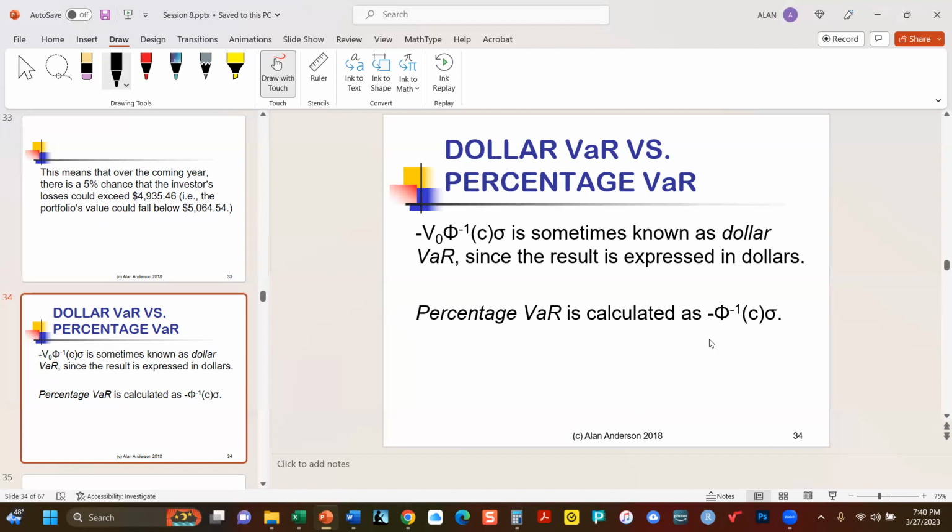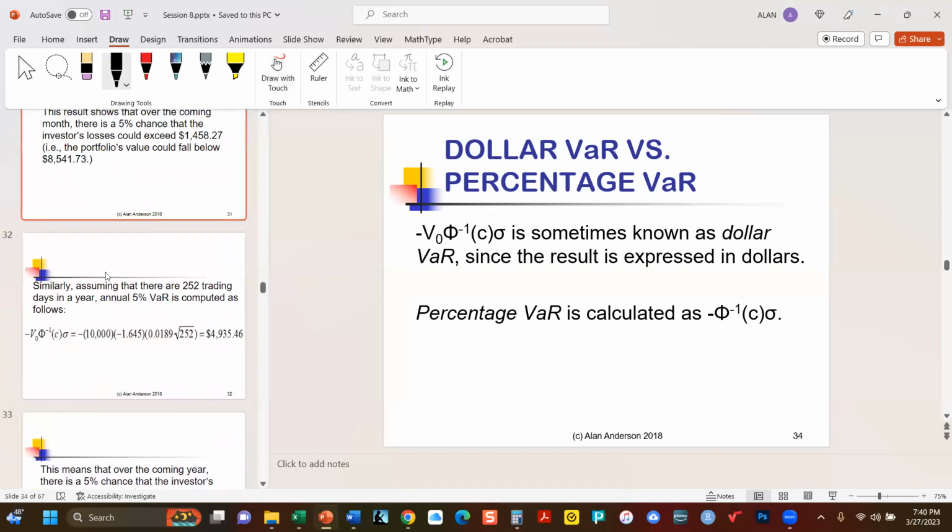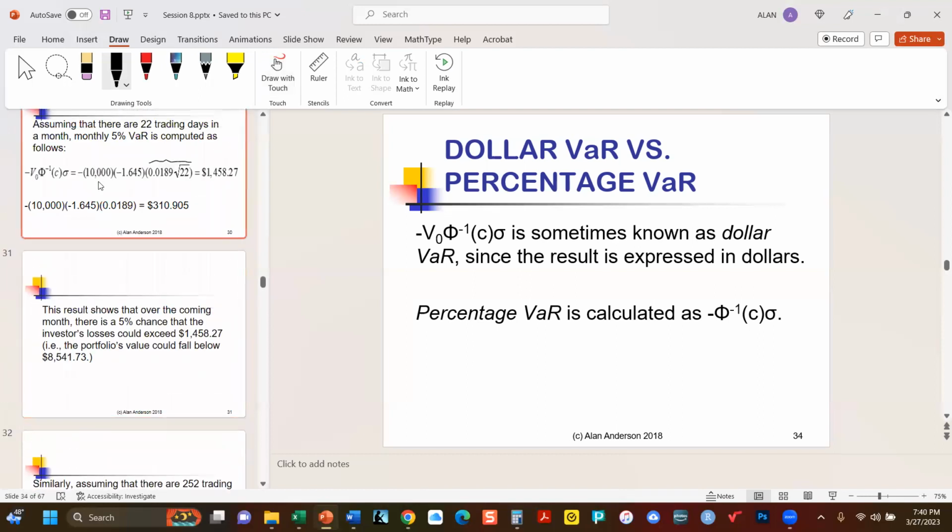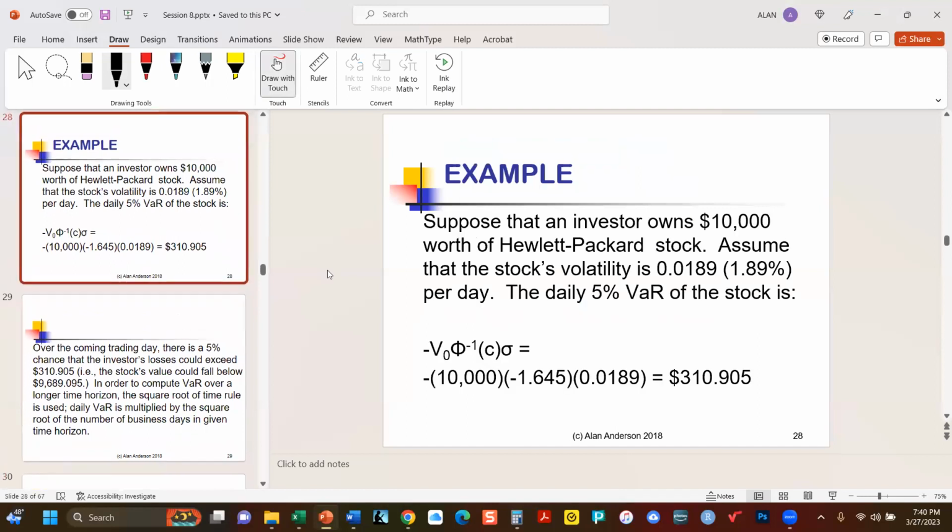So in order to compare them on an equal footing, apples to apples, what we do sometimes is actually just use not the dollar amount, but the percentage amount. So we call this percentage VAR. What we were just doing is called dollar VAR. Now we may want to use percentage VAR. And if you notice, all that's happened is that we have gotten rid of the V. Remember back here? Yes, so this is how we calculate the dollar VAR.